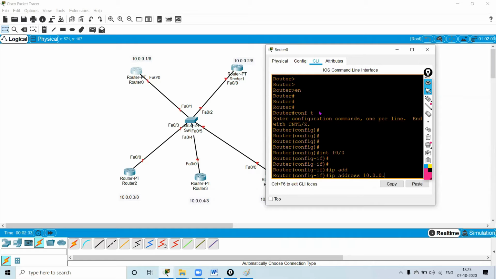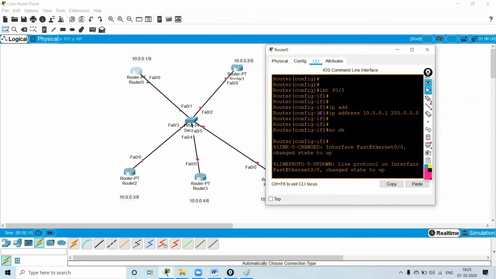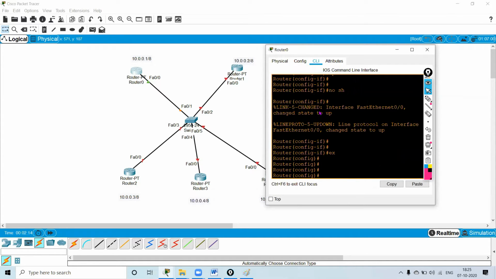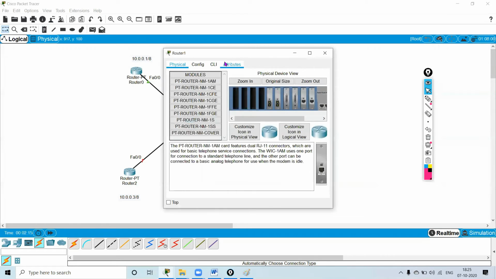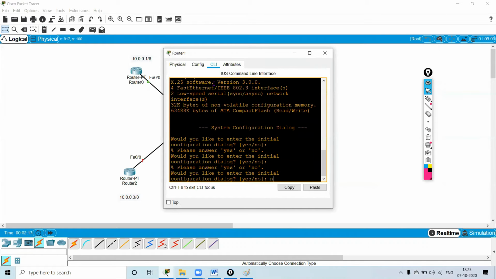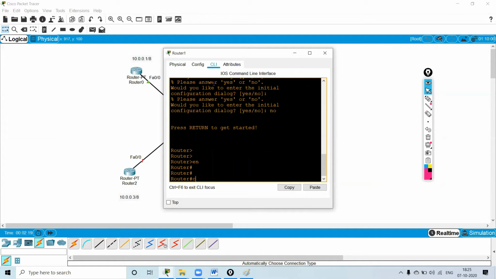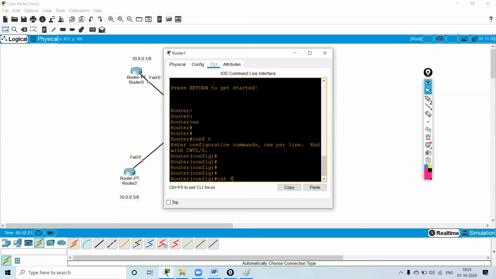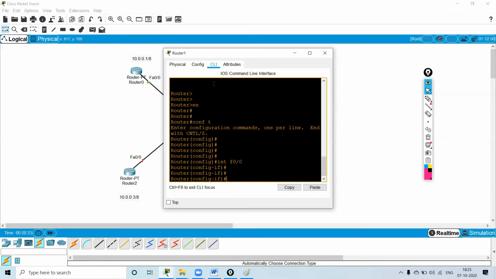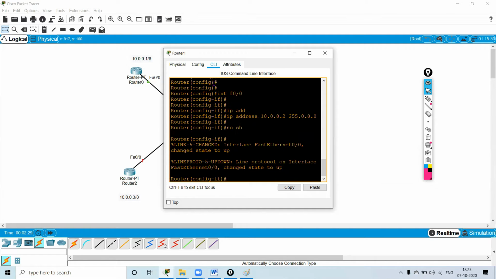On the first router, IP address 10.0.0.1 with mask 255.0.0.0. No shut. Enable, config terminal, interface FastEthernet 0/0, IP address 10.0.0.2 255.0.0.0, no shut.